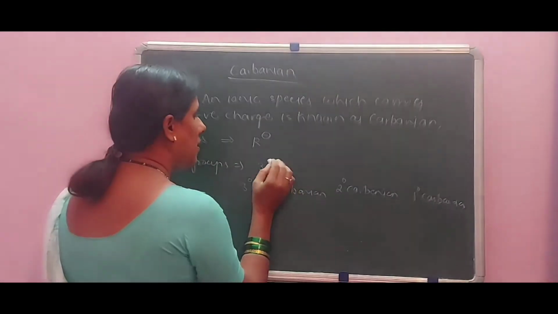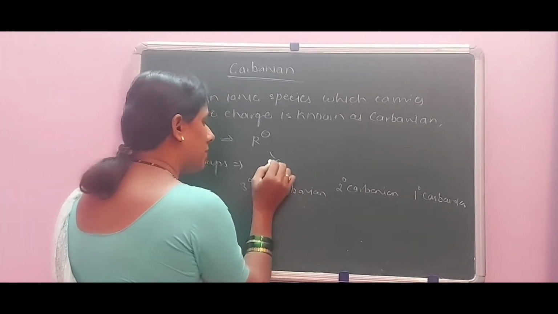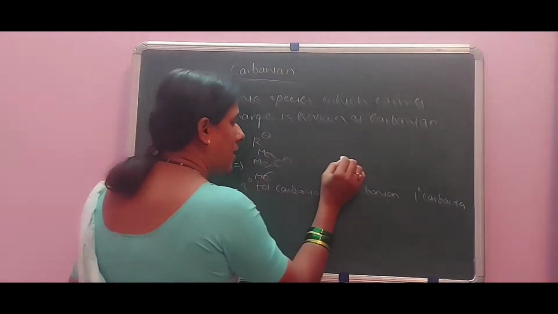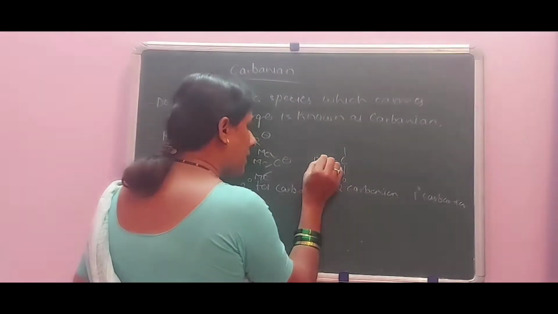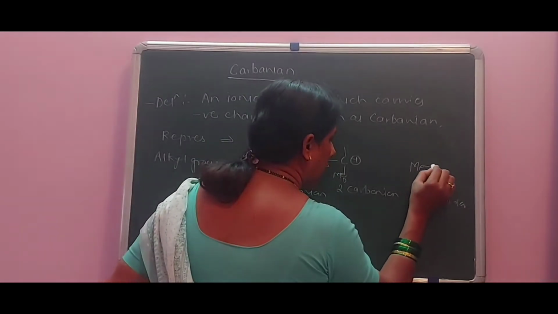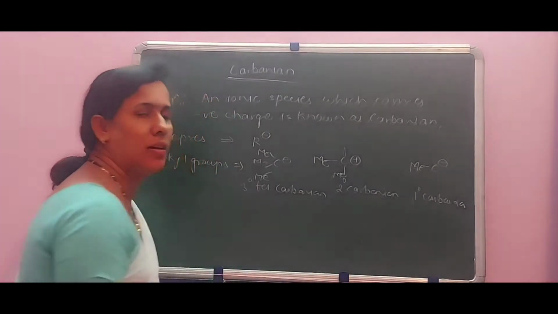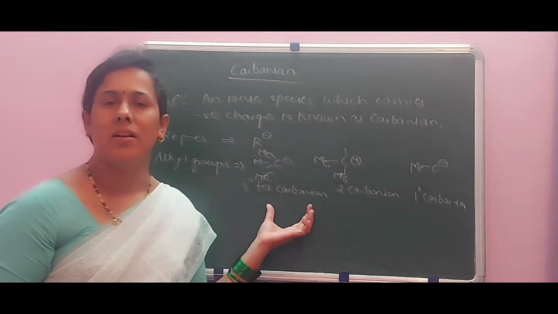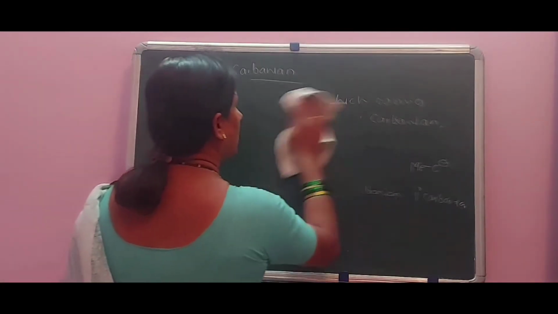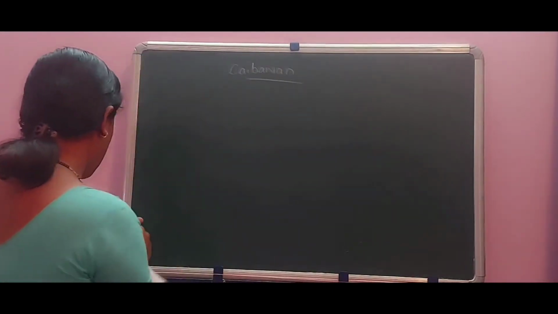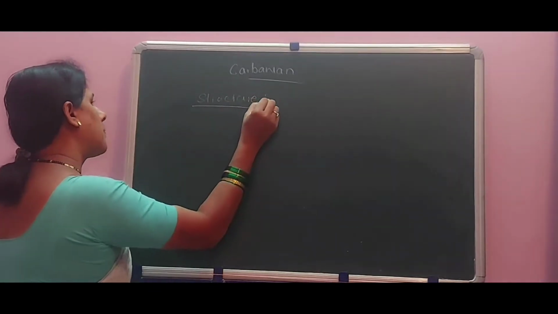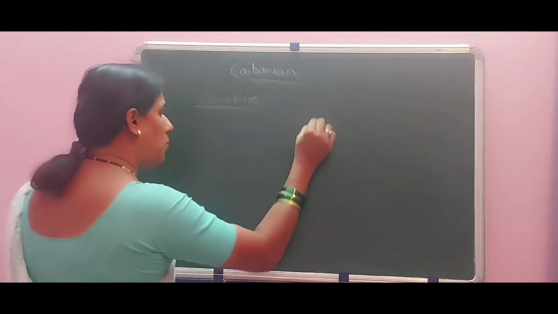Now the tertiary carbanion is represented like this, this is secondary, and first is the primary carbanion. Now we are going to discuss its structure. What is its structure? It exists in two forms.